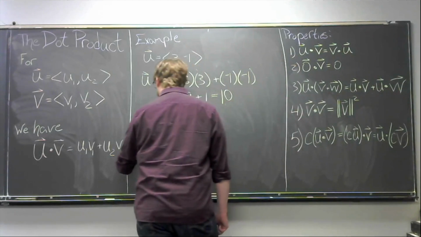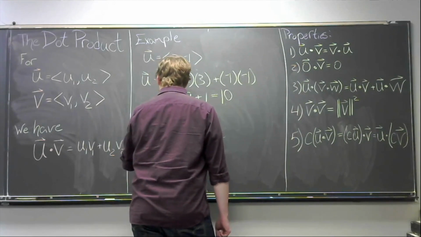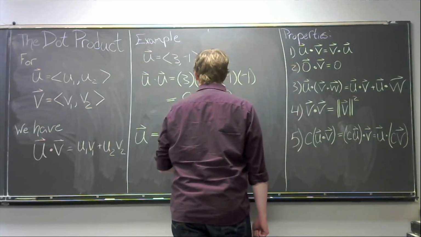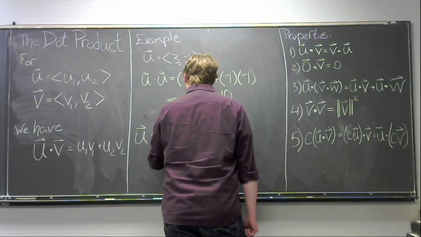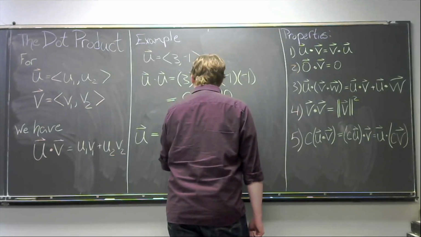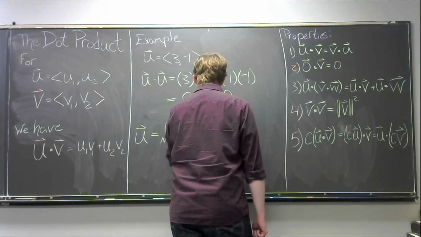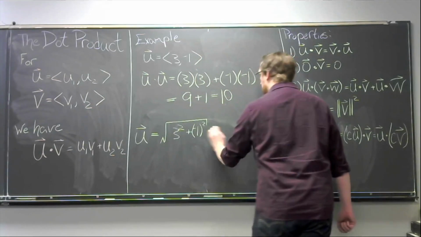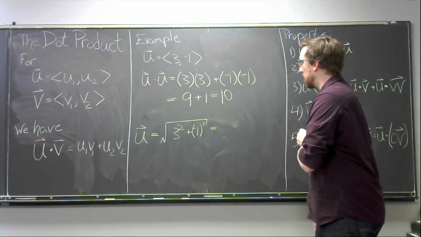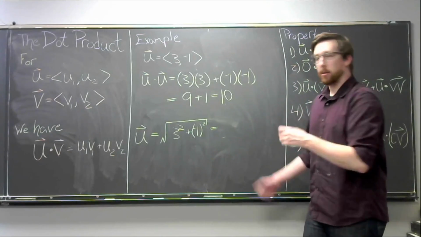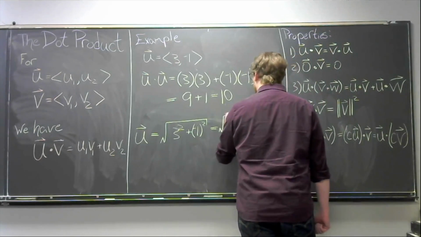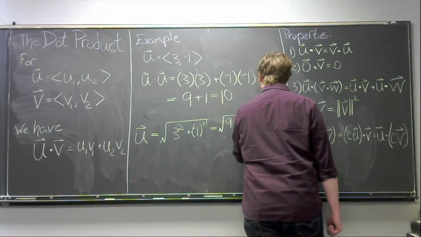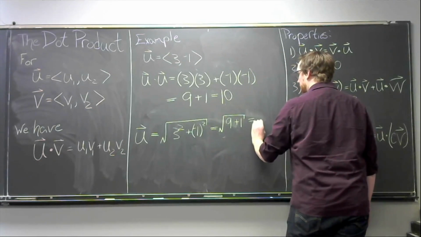The magnitude of u is going to be equal to the square root of 3 squared plus negative 1 squared. Well, 3 squared is 9. Negative 1 squared is 1. So we have 9 plus 1 underneath the radical, or just the square root of 10.